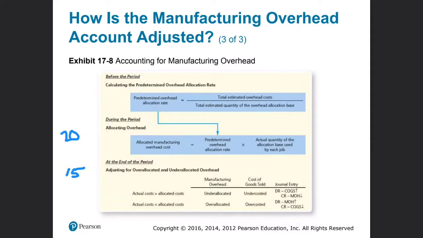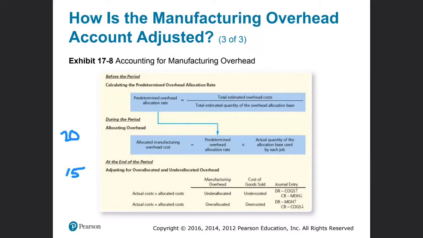During the period, we allocated 20 overhead, and at the end of the period, it actually was 15. So we over allocated by 5. So now we have to adjust to fix that.